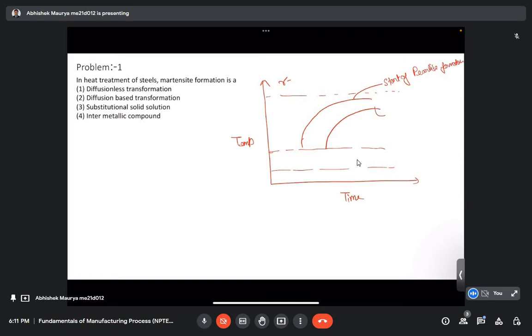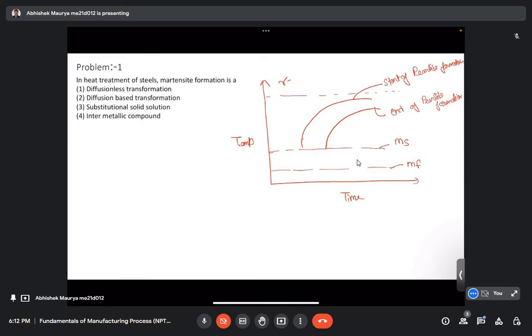Similarly, this is the end of pearlite formation. And likewise this line is for the martensitic transformation to begin, MS, and MF is the finishing of martensitic transformation.